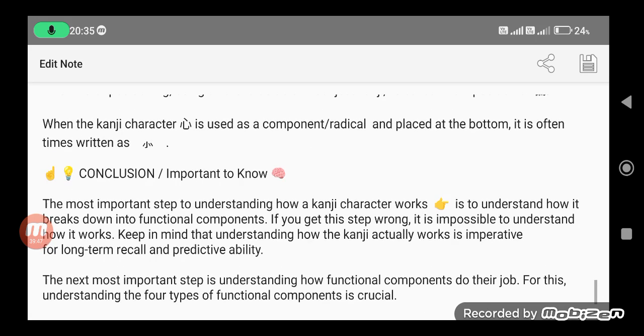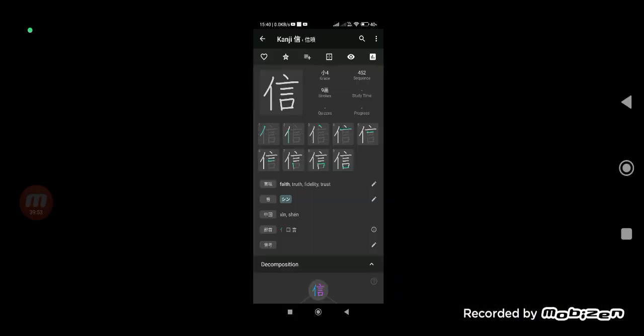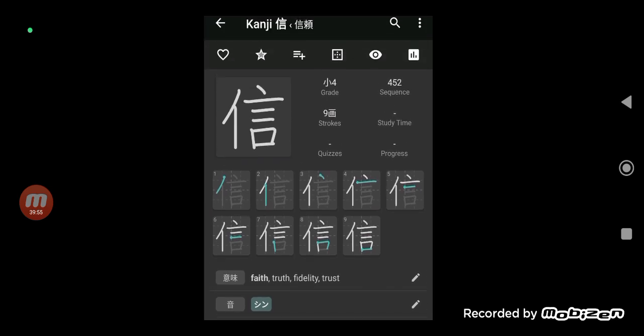Okay, before we get into conclusion, I want to show more examples. Just like here, you have a kanji. Try to decompose this kanji. This kanji is composed of two components. The person, this is a person, and this is words coming from a person.